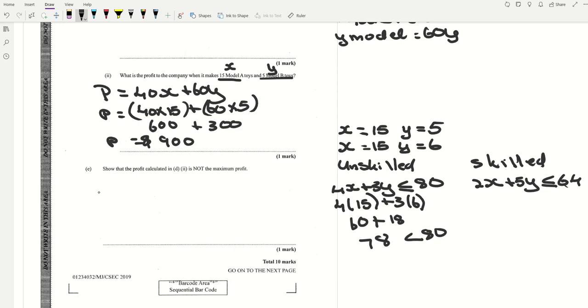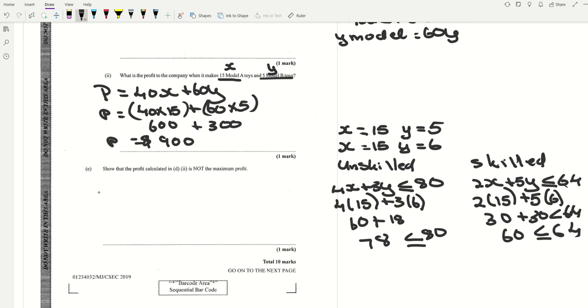So if they did add an extra model B, you would still be able to satisfy the number of hours that they're working. Let's see for skilled. Same thing, 2 by 15 plus 5 by 6, that is 30, plus 6 5s are 30, which is 60, less than or equal to 64.